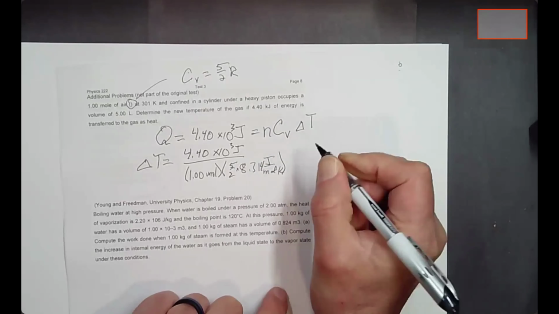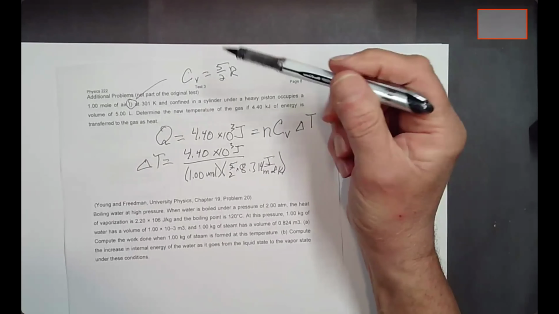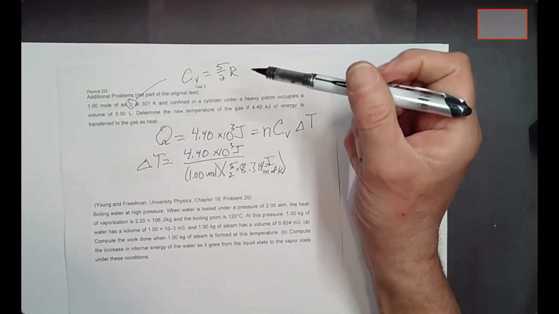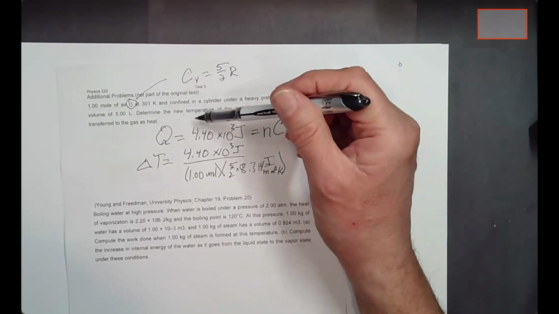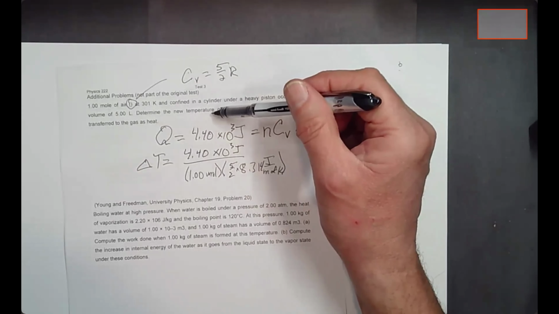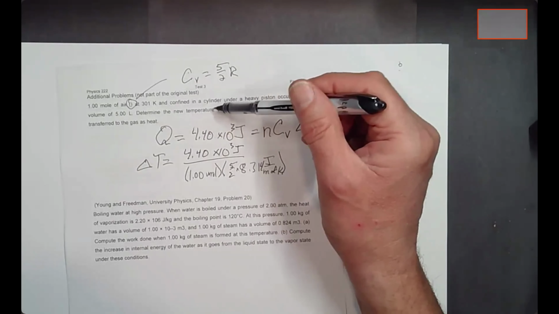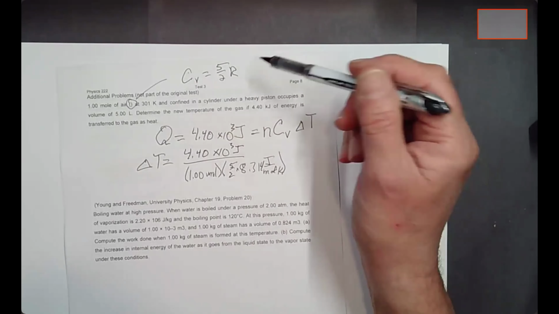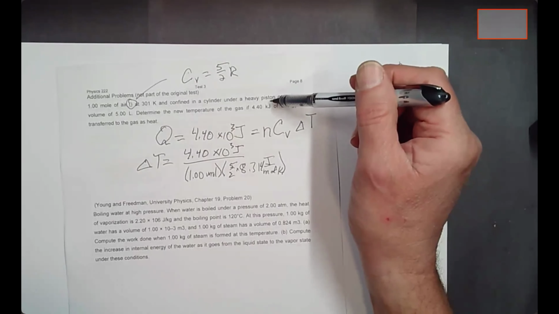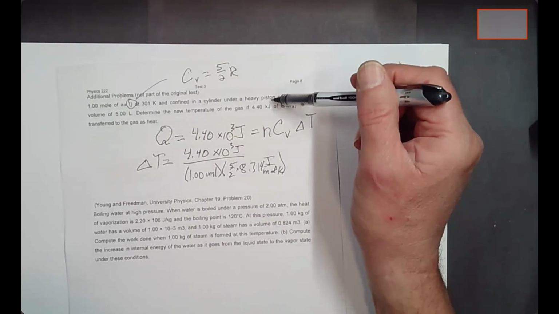When I showed you this problem the other day, I think it said determine the new volume of the gas, and there isn't a way you can do that. If it's under a heavy piston, that was supposed to be code for kept at constant volume.